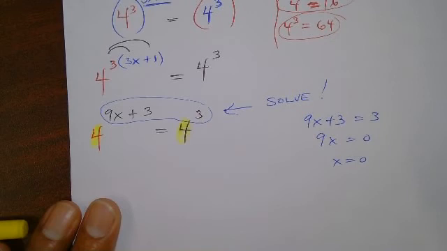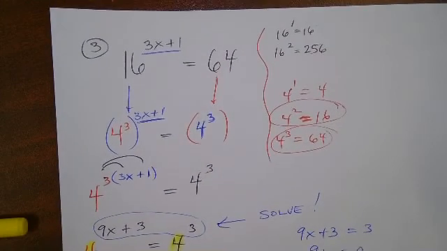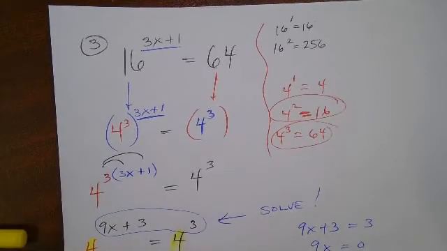Well, looks like 0 is it. Is that right? Did I do this right? 9x plus 3 equals 3. 0 doesn't work, does it? No. Oh, I copied something wrong. Oh my God, what a mistake. I copied something wrong.